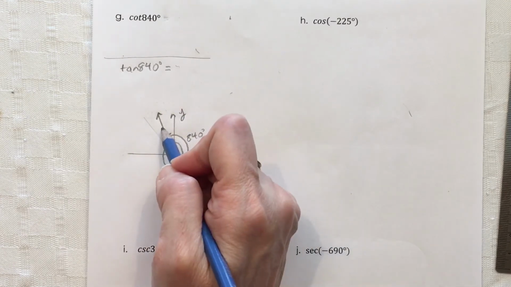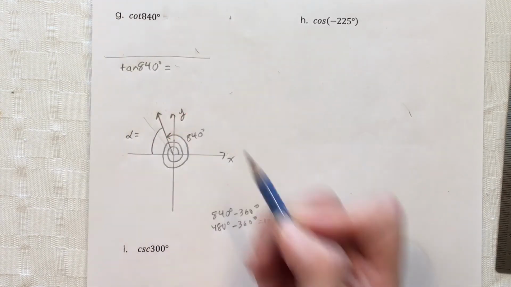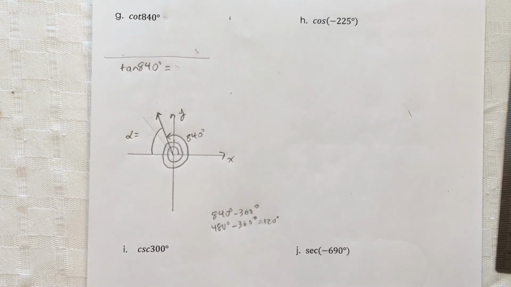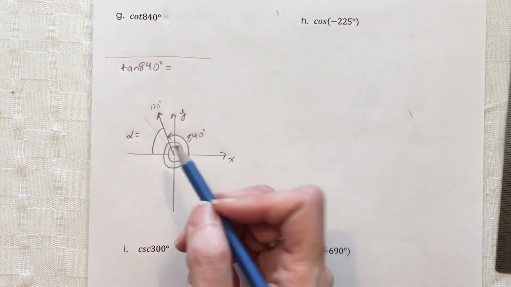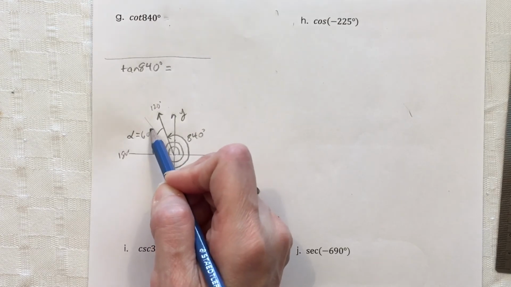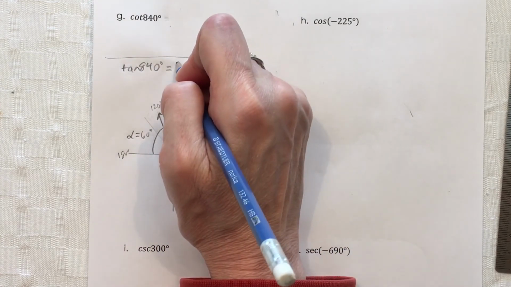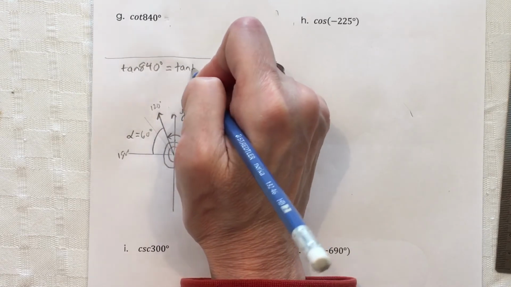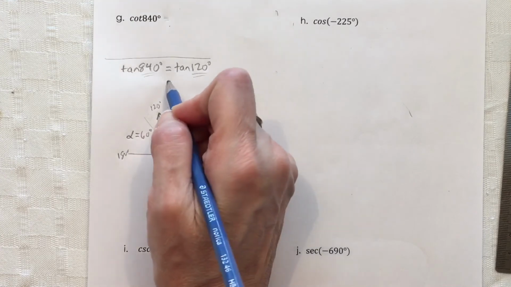And then alpha, this was 120 and this is 180, so alpha is going to be 60 degrees. So the tan of 840 is going to be the same as the tan of 120 degrees, because they both have the same terminal arm.